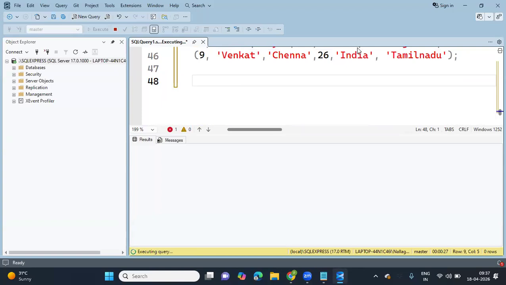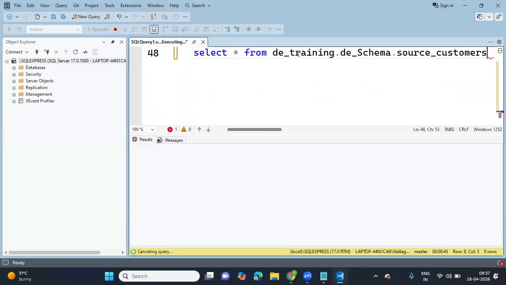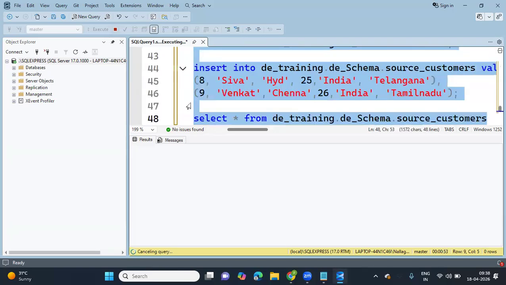Let's stop it and rerun it. Okay, it is cancelling the query. Let's select star first, to see if it is inserted or not. It is still running. Let's save this.